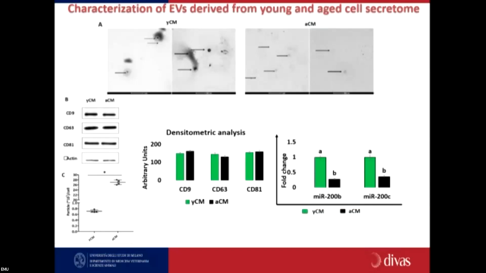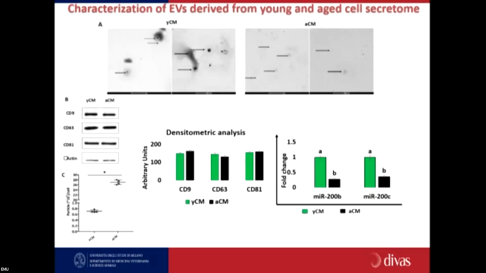And the cytometric analysis confirmed that the presence of these markers was exactly the same in both samples. So, okay, both samples contain EVs. They were positive for the tetraspanin markers. So at this point, the question was, what is the difference between EVs obtained from young and obtained from aged cells?